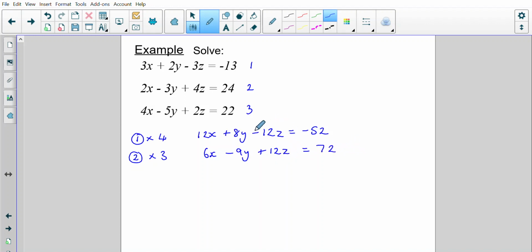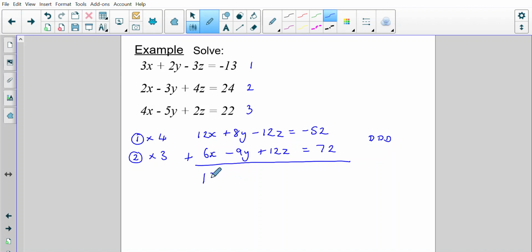So now I've made the coefficient of the z term the same, it's both 12. I can see that I can use DDD because I've got different signs in front of the 12. So I can add these 2 equations and that will eliminate the z term.